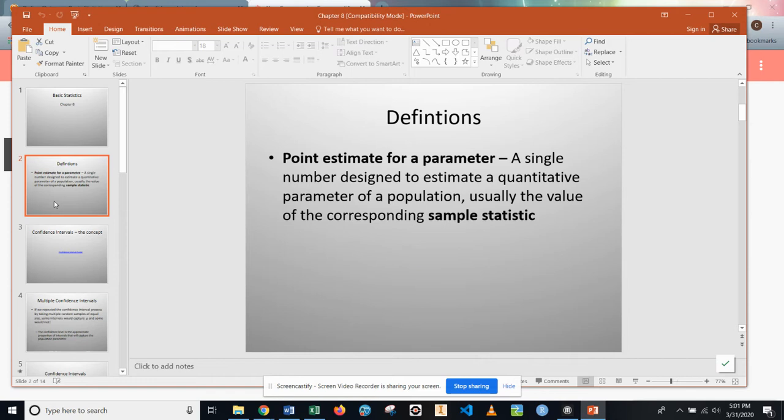So that's where we start. We start with this point estimate, and then we figure out a range, a certain distance on the right and that same distance on the left away from that middle value, and that gives us this interval. It gives us a high and a low number.